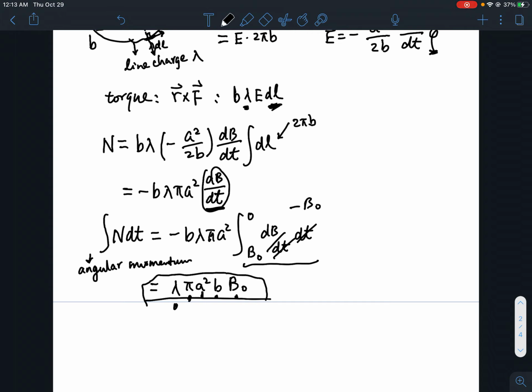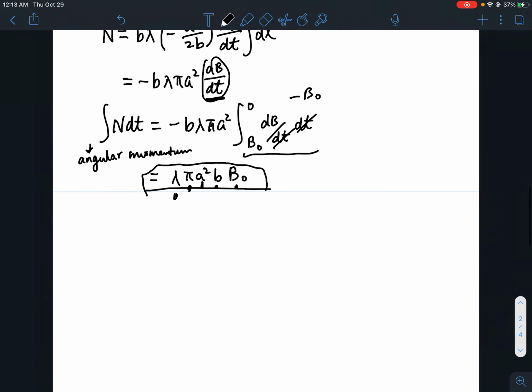So this shows you that no matter how fast you change the magnetic field, at the end, the total amount of angular momentum of this wheel doesn't change. That is also very interesting.